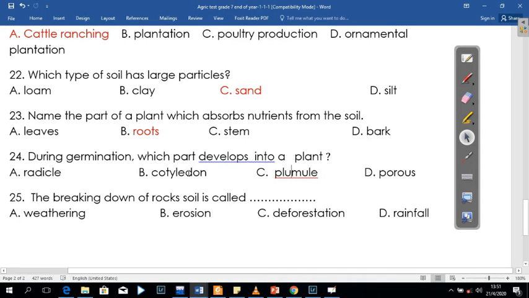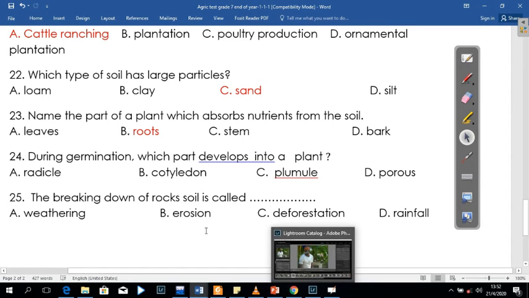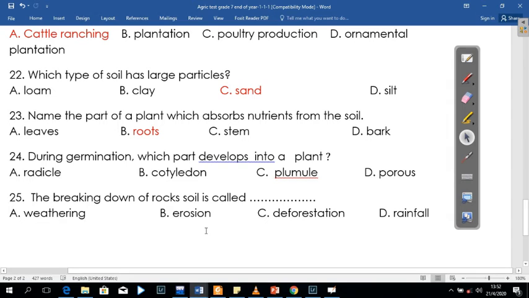Okay, let's go to the cotyledon. Let me give an example of a bean seed. I don't have any picture of that one. A bean seed, during germination, those two things which open, right?